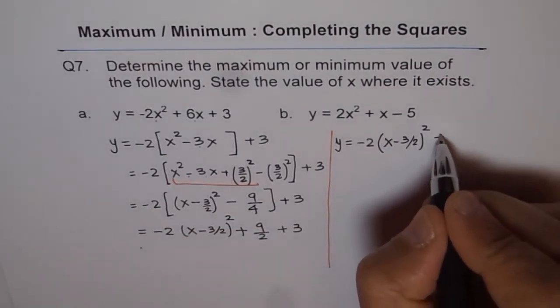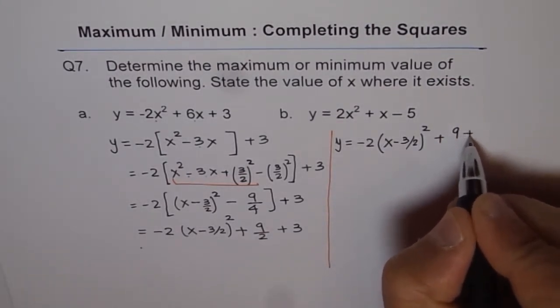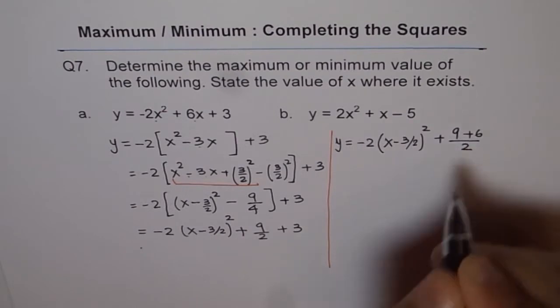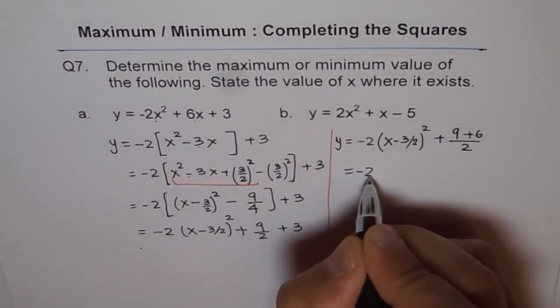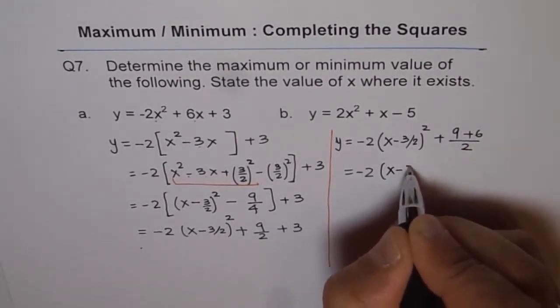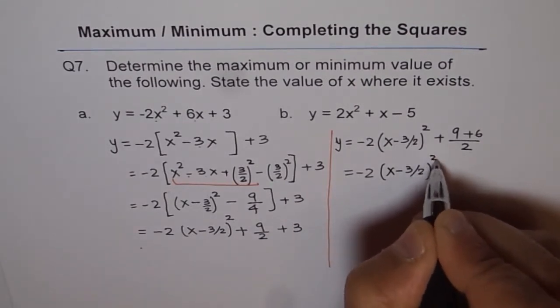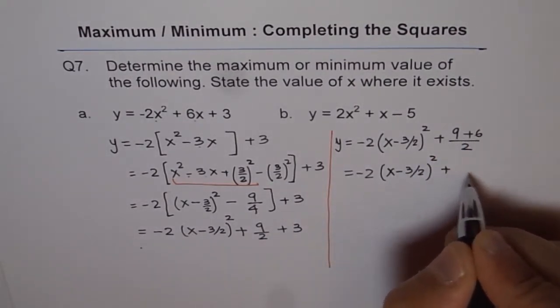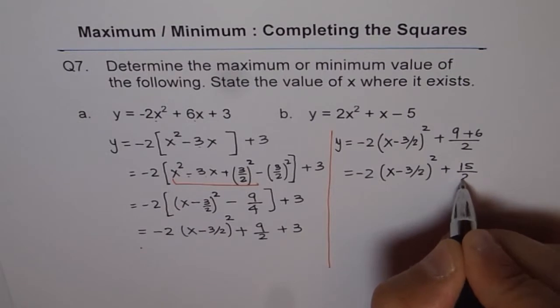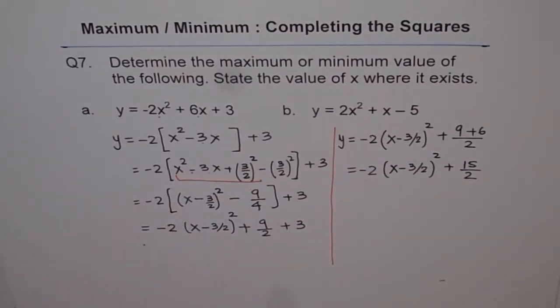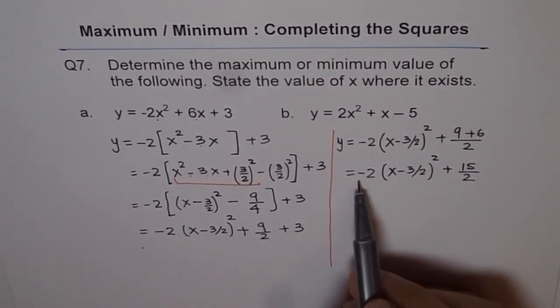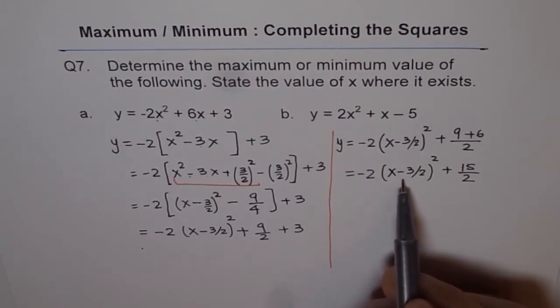So we get plus 9 plus 6 over 2, right? So we get this as minus 2 x minus 3 over 2 whole square. 9 plus 6 is 15. 15 over 2, correct?